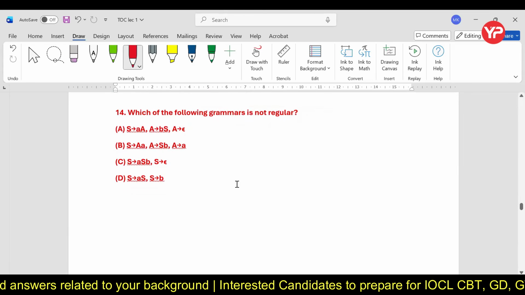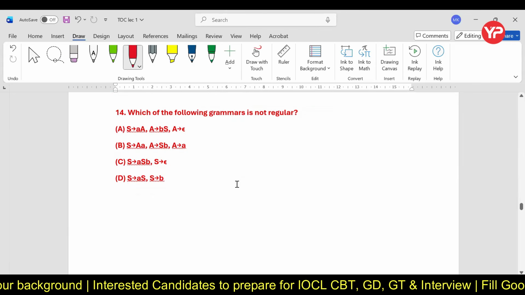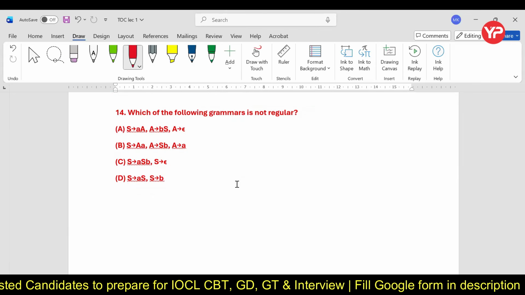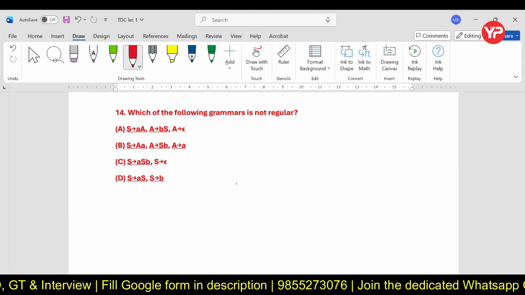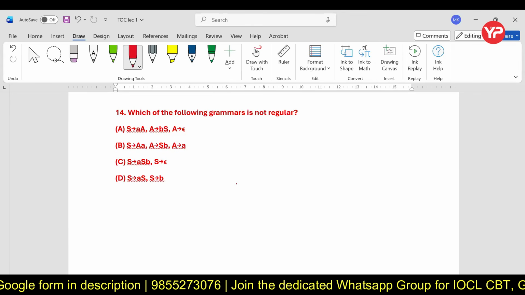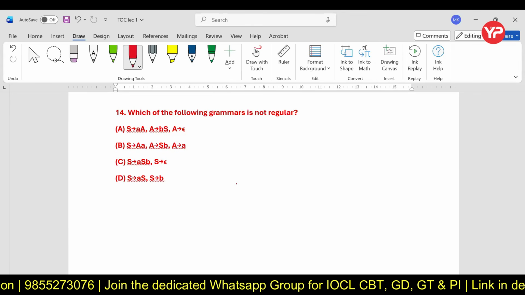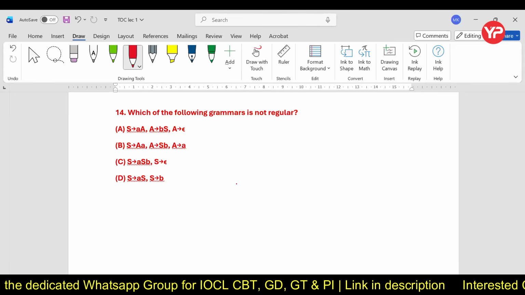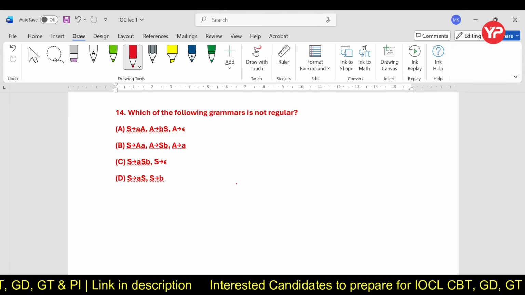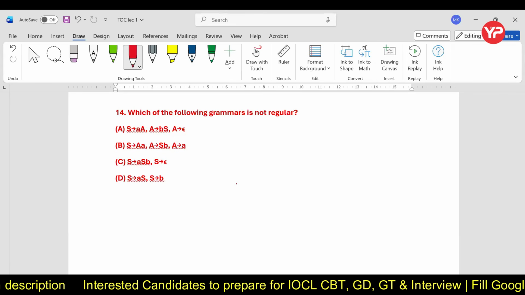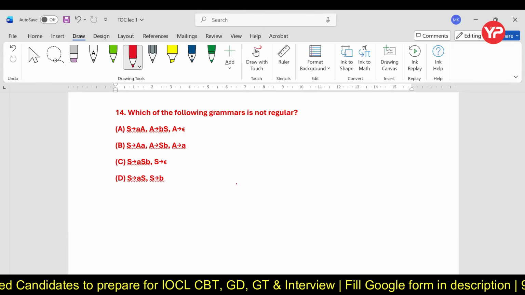Next. Which of the following grammars is not regular? Very good. Not regular. Tell me. Now see. We know what is regular grammar. It is of two types, either right linear or left linear. That is the main point.